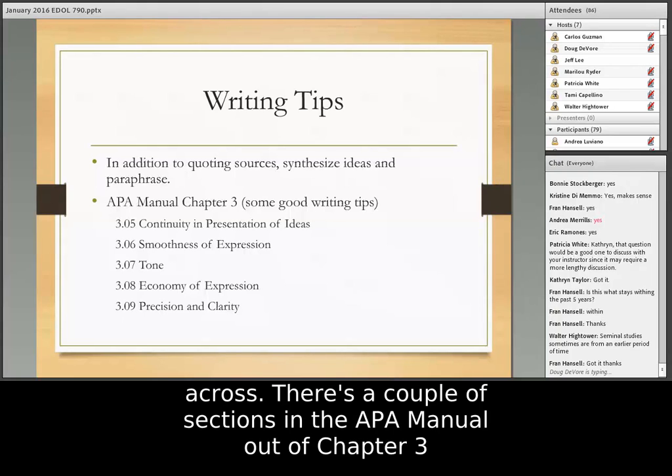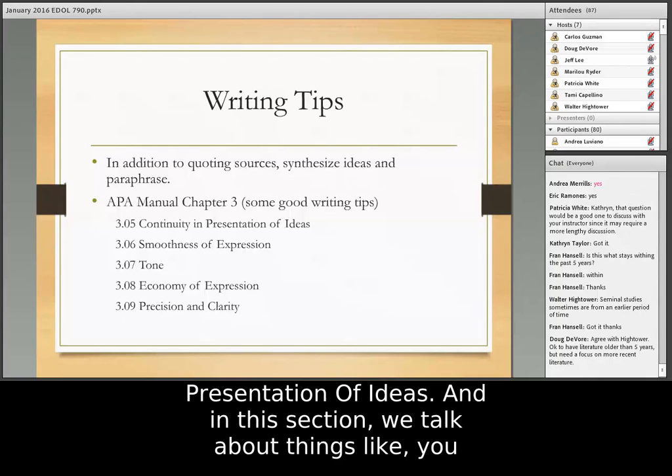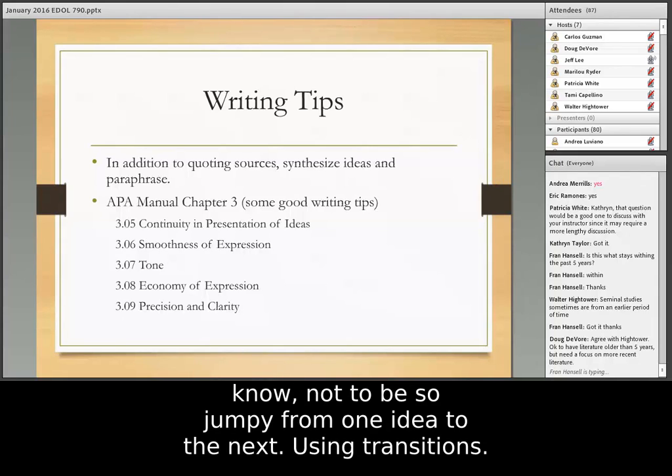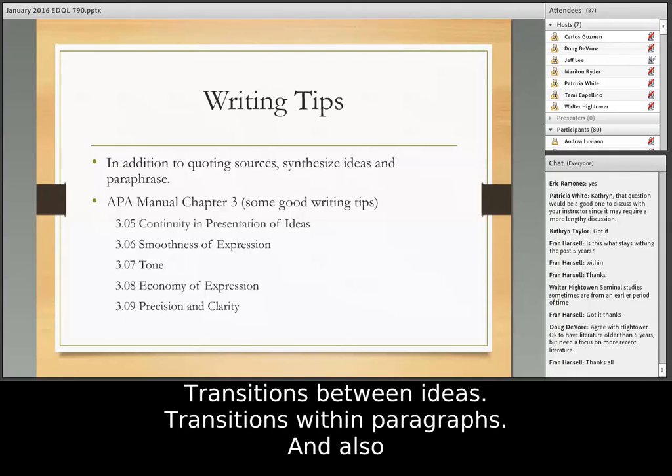Okay. There's a couple of sections in the APA manual out of Chapter 3 that has some very valuable writing tips. Chapter 3, 3.05, Continuity and Presentation of Ideas. And in this section, we talk about things like not being so jumpy from one idea to the next, using transitions, right?